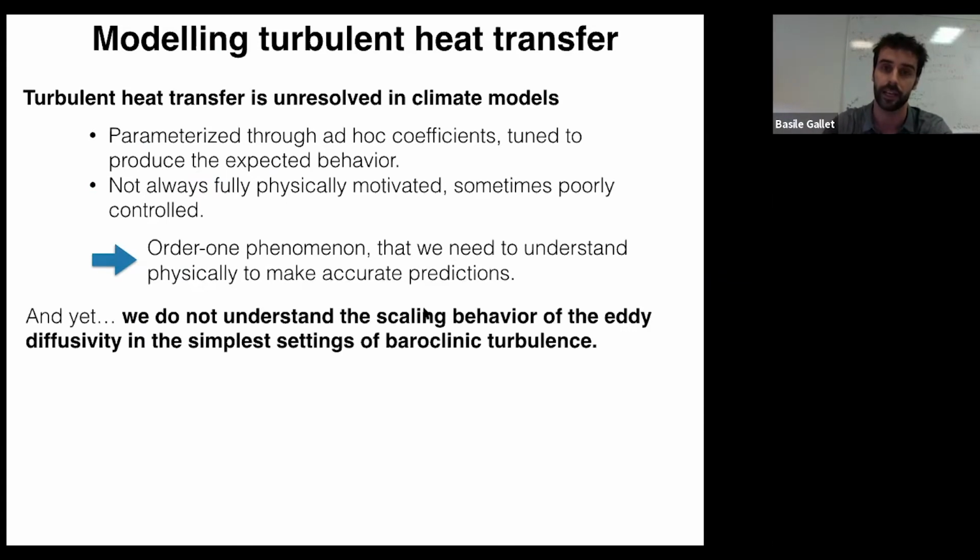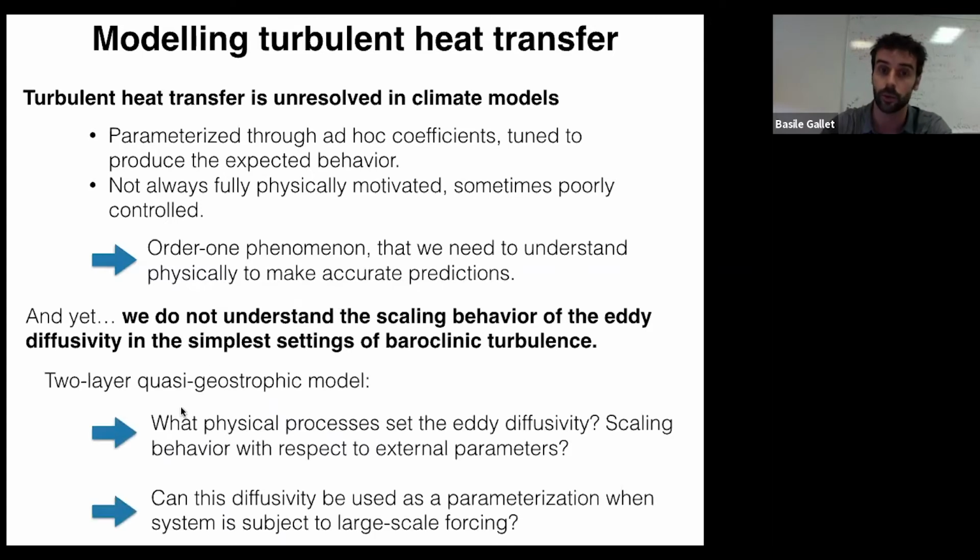And yet, if you consider even the simplest settings of baroclinic turbulence, and I will show you what that is, that's the two-layer quasi-geostrophic model, which I will introduce in a few slides. Well, even for that simple model, we do not understand the scaling behavior of the eddy diffusivity. So I'll be asking questions such as what physical processes set the eddy diffusivity?